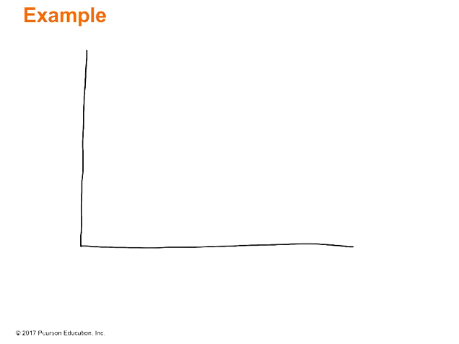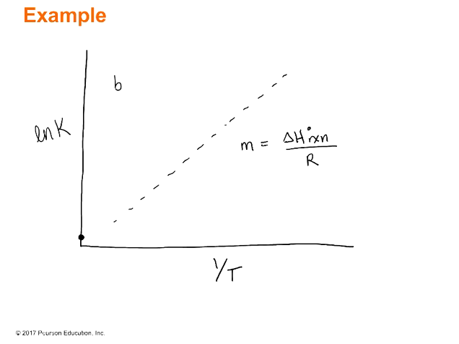All right, so if we plot the natural log of K versus 1 over the temperature, so inverse temperature, we'll have a positive slope, potentially, and the slope, m, will equal the enthalpy change for a reaction over R, and then the y-intercept, b, will equal the change in entropy for a reaction over R. So, for instance, let's say the slope is equal to 100.